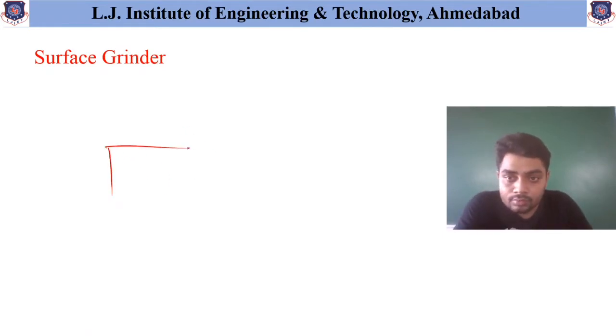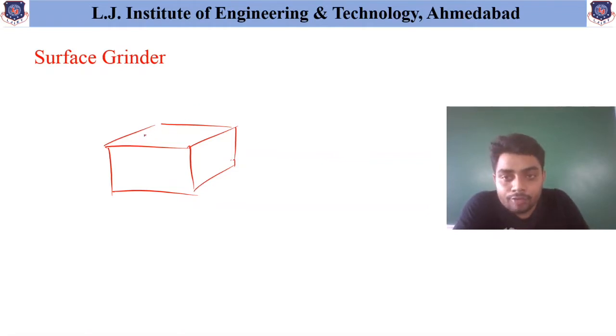Suppose a workpiece is available and one wants to finish the top surface, that is highlighted over here. Then one must use another type of grinder which is helpful for finishing purpose. So let us take a different shape for finishing.